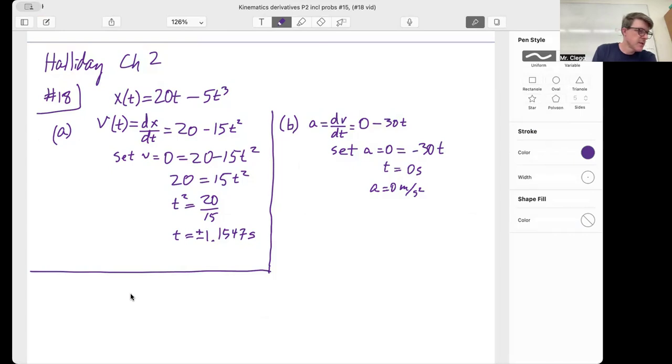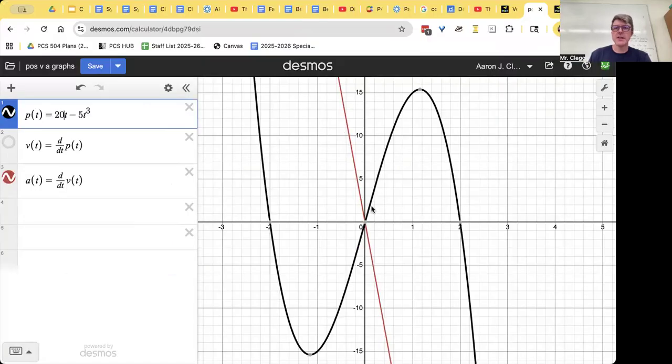All right. Next part. For what time range is a negative? That's C. And for what time range is a positive? So C. This is actually nice to just use the graph, right? Hopefully it's obvious that a is positive for negative times and a is negative for positive times.